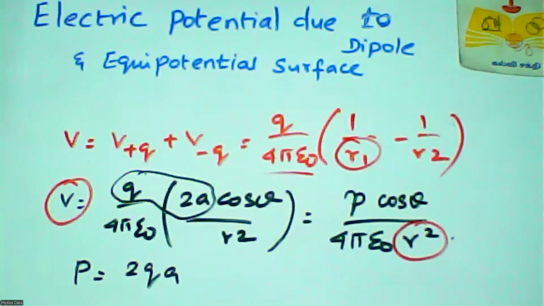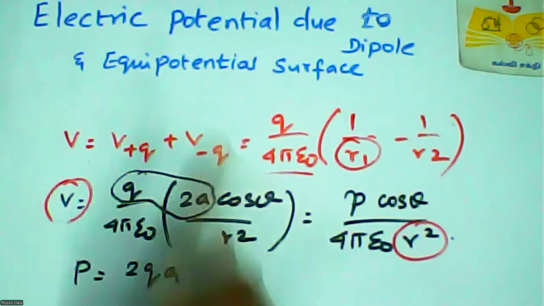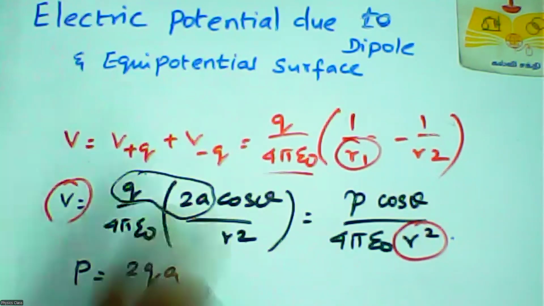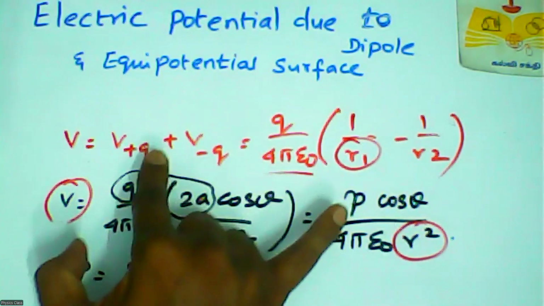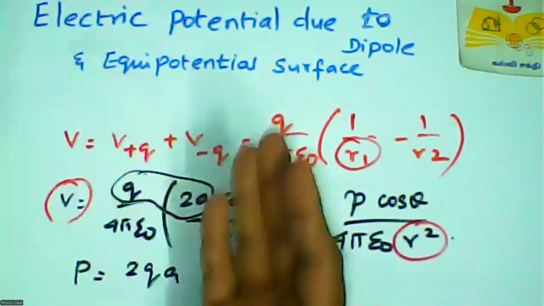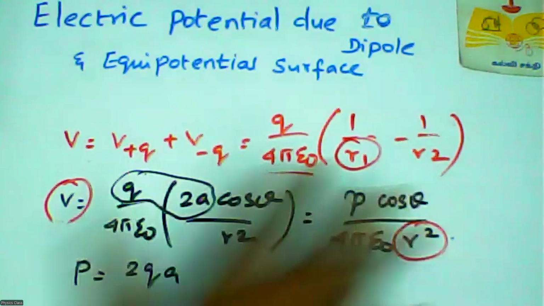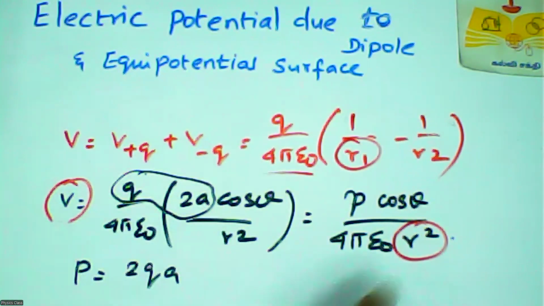So the potential from the dipole is proportional to the 1 by R square term, but for the single point charge, it is directly proportional to 1 by R, or inversely proportional to R. Very, very important point. Note it down.